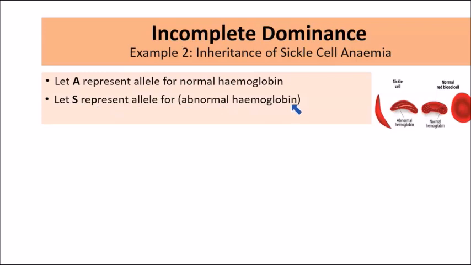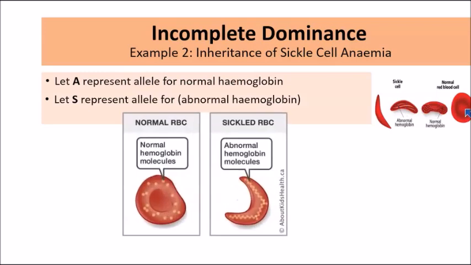Just a little background information about what sickle cell anemia is, the problem with this condition. As you can see here, a sickle cell red blood cell has a strange shape, unlike the normal red blood cell, which is nice and biconcave in shape, nice and rounded. What happens is that there's a faulty gene that causes the hemoglobin, which is the red pigment within the red blood cell, to be shaped a little different.